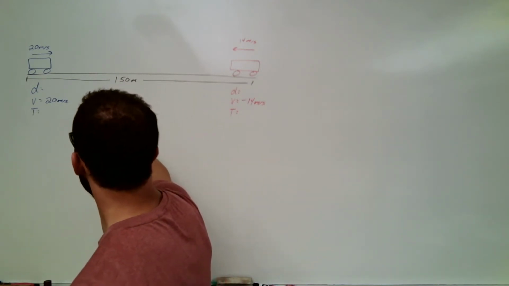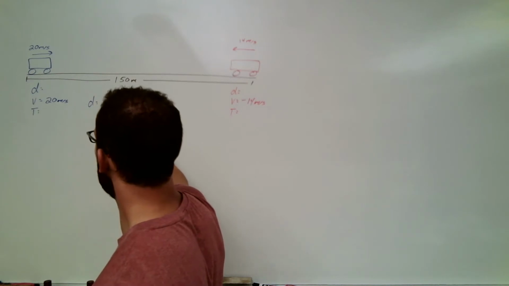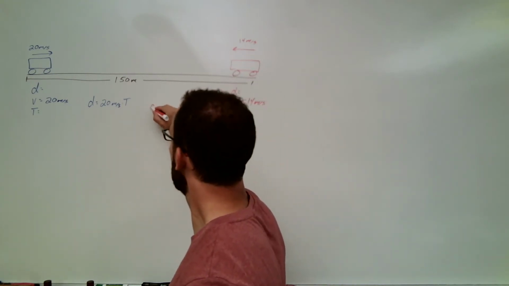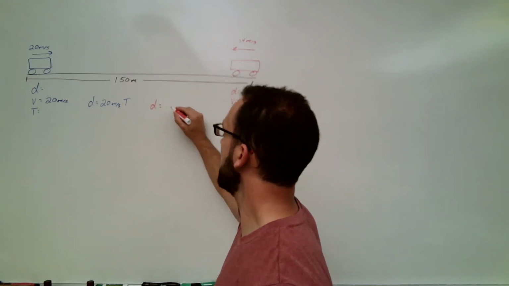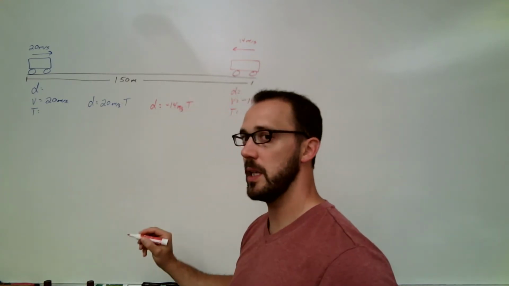So for the blue car, I get D equals V, which is 20 meters per second, multiplied by time. For the red car, its position, or D, is equal to its velocity, negative 14 meters per second, times T.